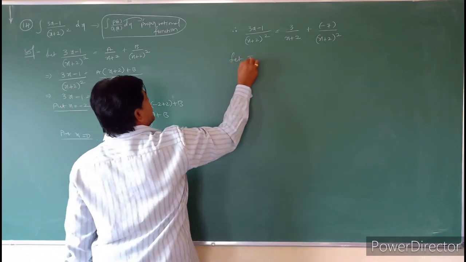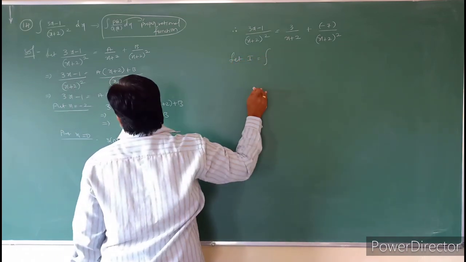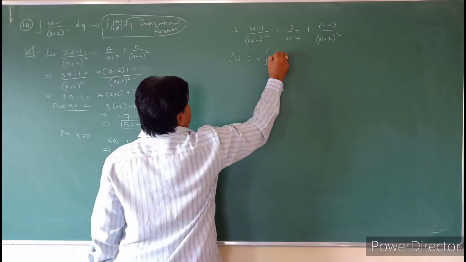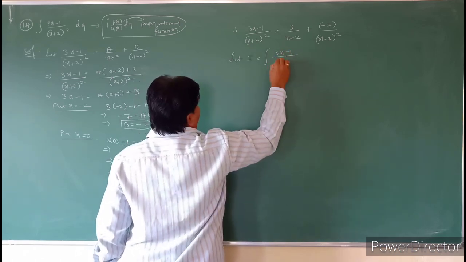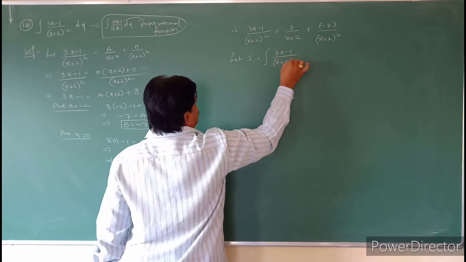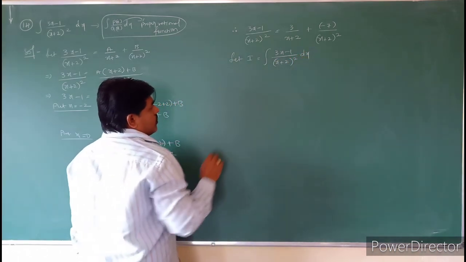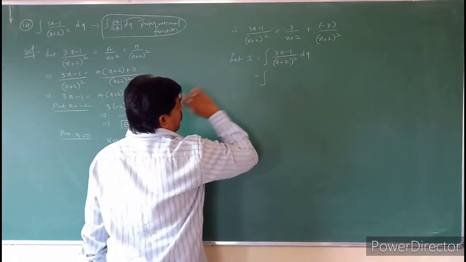Let I is equal to integral of 3x minus 1 by x plus 2 whole square into dx. So the integral, what is this value?